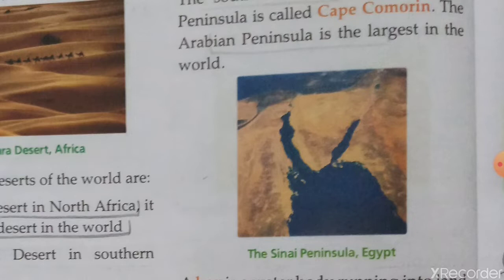Now we will learn about what is a bay. A body of water surrounded by land on 3 sides is called a bay. What is an island? An island is land that is surrounded on all sides by water. That is called an island.